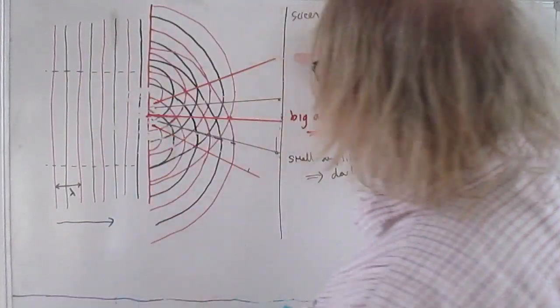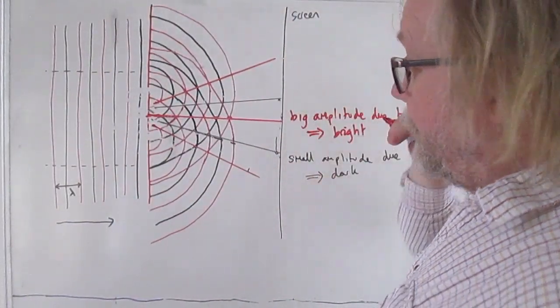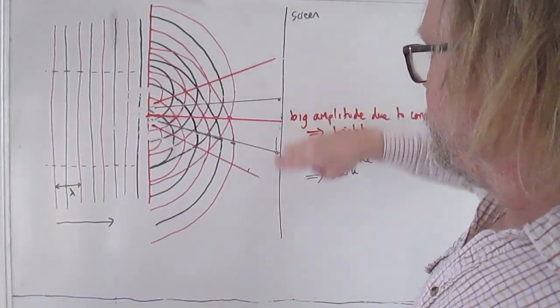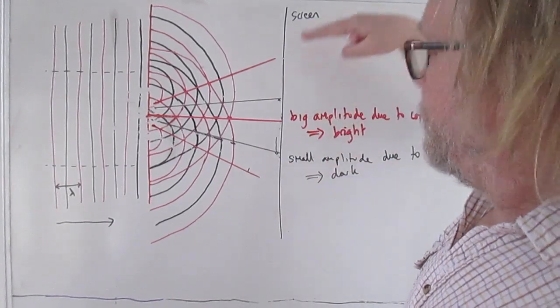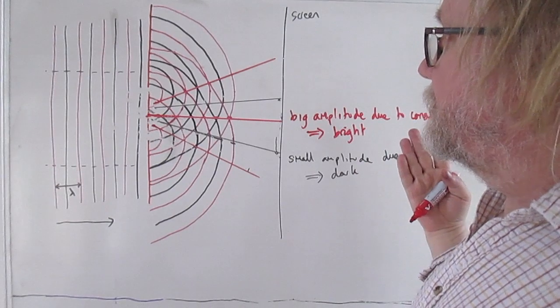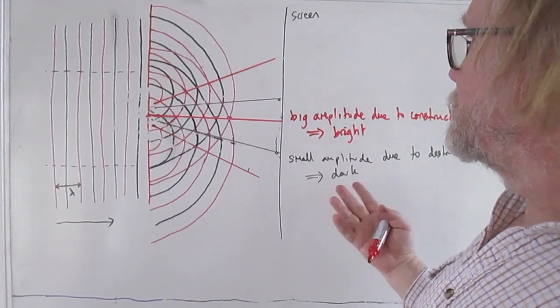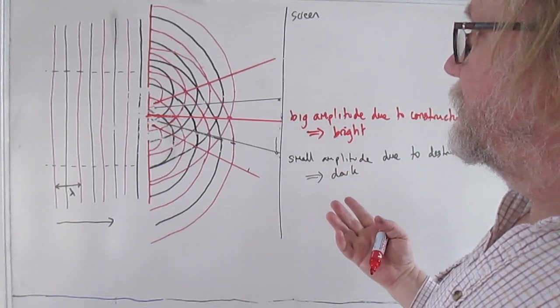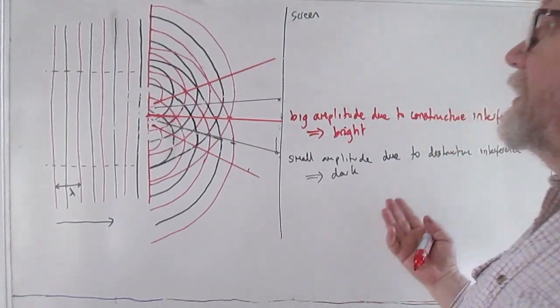So we're going to get another bright fringe out here and out here, and if you drew it accurately you would find that you would get regularly spaced bright and dark fringes. So that's the basis of what's going on in the double slit experiment.